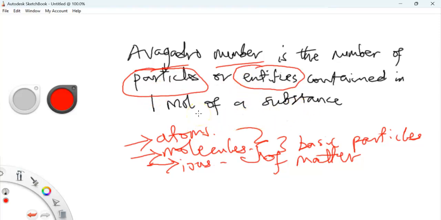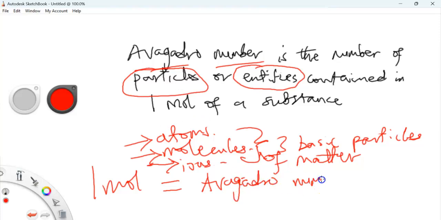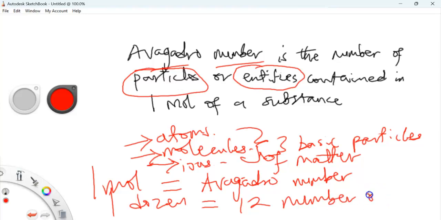So 1 mole of a substance always contains Avogadro number or Avogadro constant. The same way that if they tell you 1 dozen of pen, how many pens does it contain? You say it contains 12 pens. Are you getting me now?